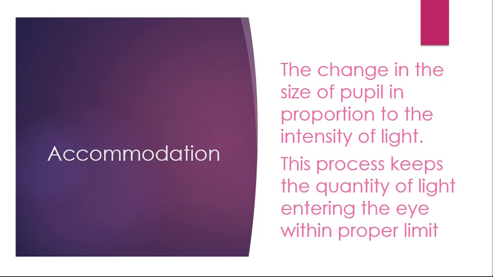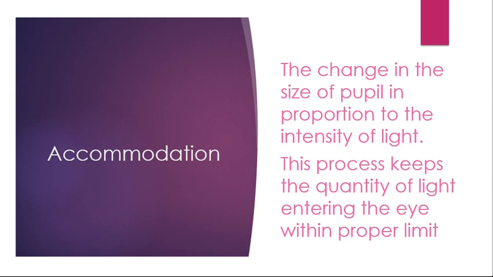This process of constriction and dilation keeps the quantity of light entering the eye within proper limits. Thus, vision gets clear in low light and the eye is protected from harm in case of too much light.